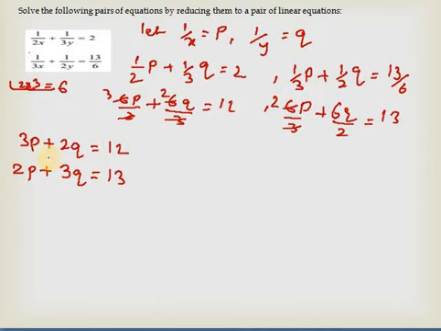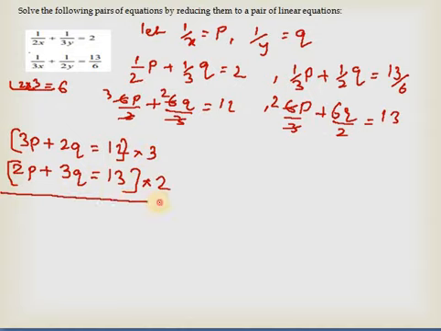Now you can use the elimination method. I want to eliminate this q, so again 2 and 3, so we have to multiply this by 3 and this by 2, so that 2 into 3 will be 6 and 3 into 2 will be 6.